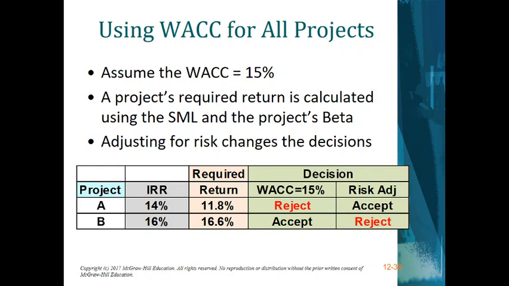And with B, because beta is greater than 1, you've got a required return that's greater than WACC now, and you would reject that project.